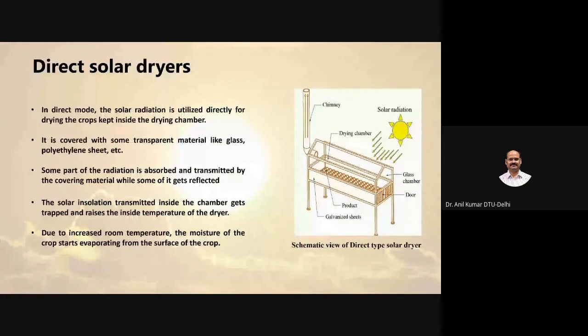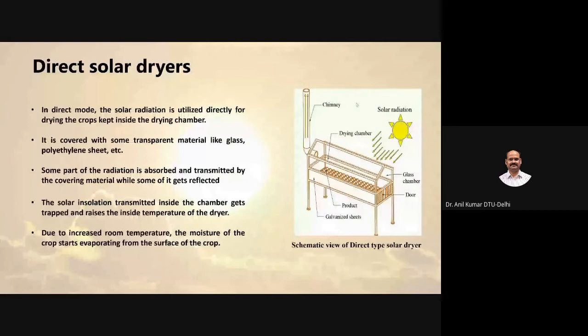Gradually the temperature of the product keeps increasing and evaporation starts. This chimney creates the draught for the passive, basically passive direct solar drying system.